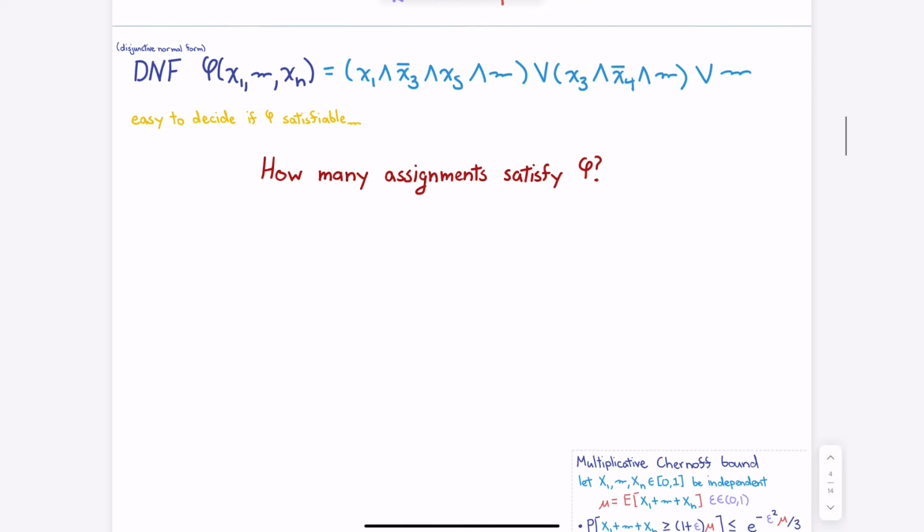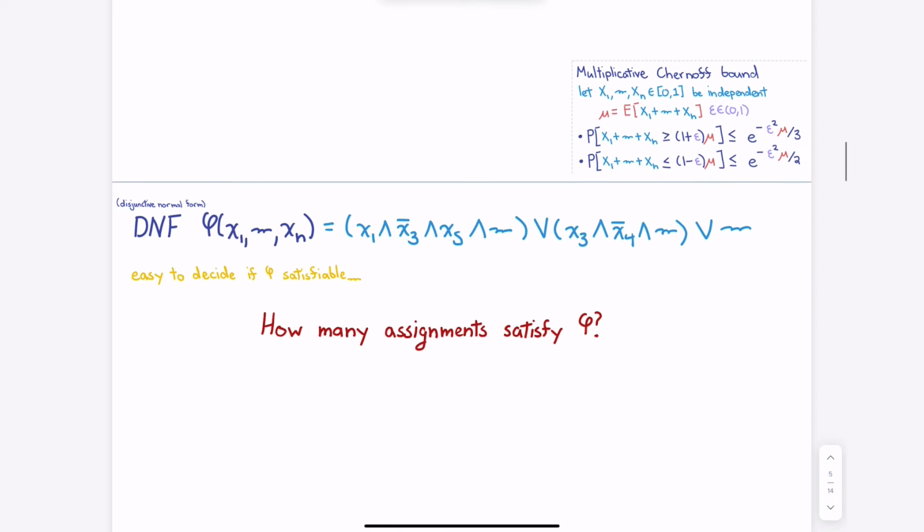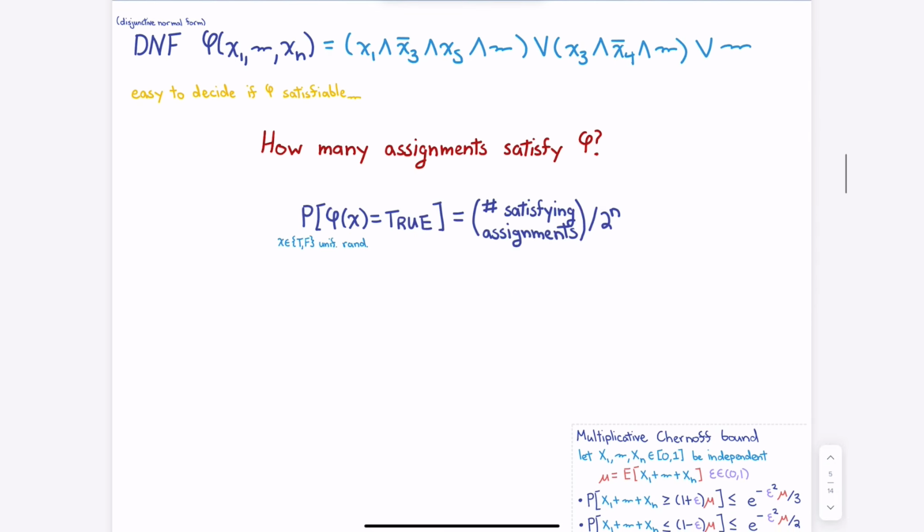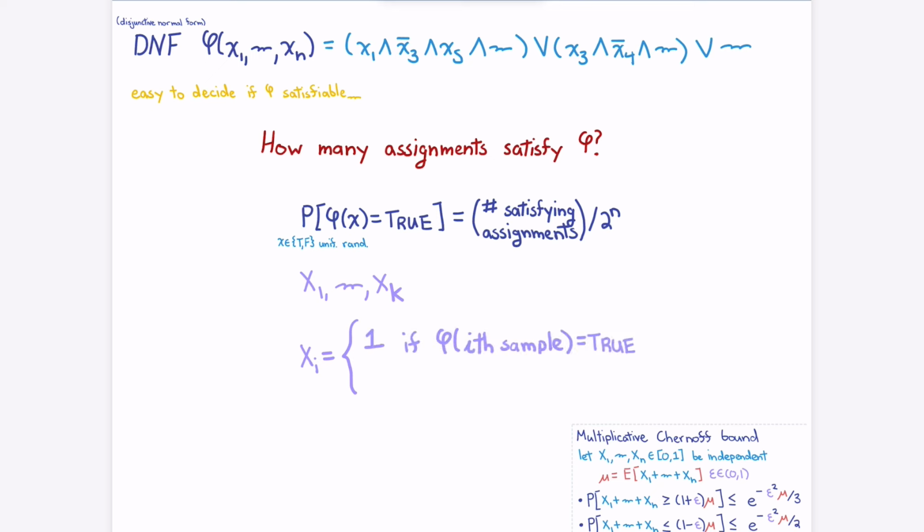So the probability of it being true will be the number of satisfying assignments divided by 2 to the n. So we'll set up a bunch of random variables, one for each random assignment: one if it's true, zero otherwise.